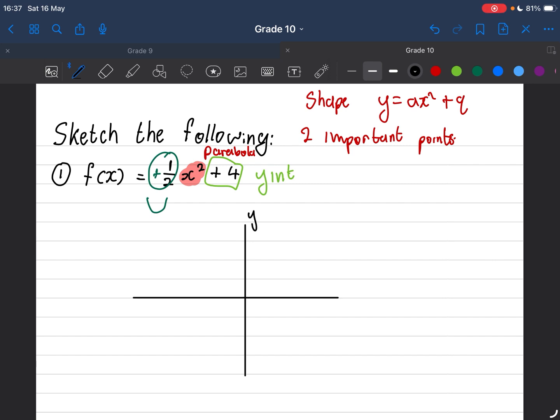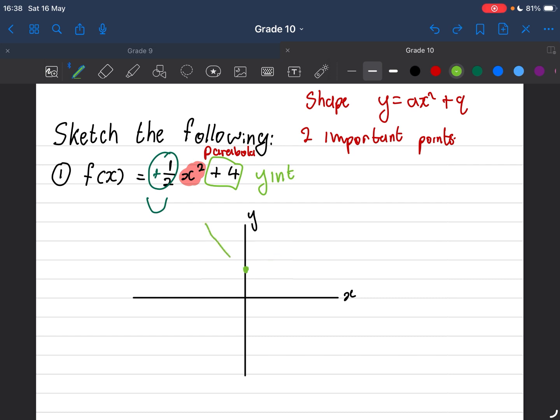Let's put a y and an x, and now we need to mark the point we've chosen. Here we have the y-intercept. Now in a happy face graph, the turning point is at the bottom, as we've seen in the previous video.